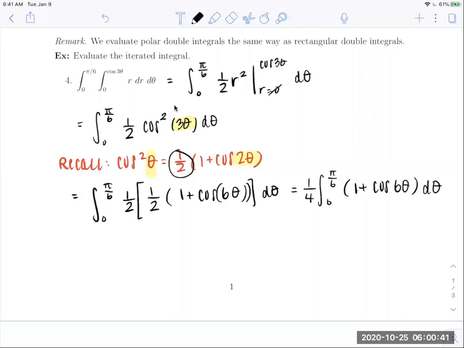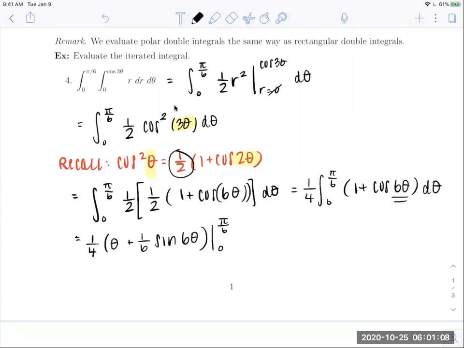Now, if you want to show your u substitution here with your 6 theta, that's perfectly fine. I'm just going to do it in my head and recognize that it's going to pop out a 1/6. So I have 1/4 times theta plus 1/6 sine of 6 theta, all of this from 0 to pi/6.